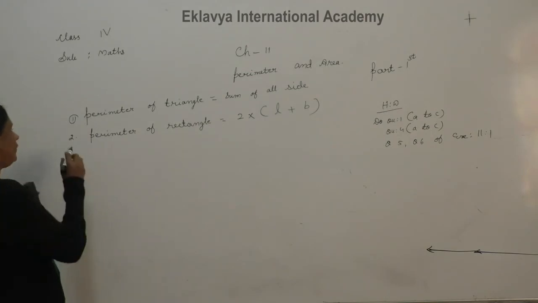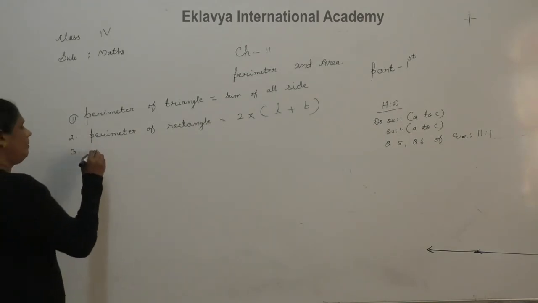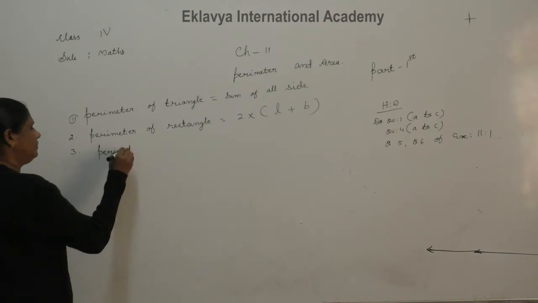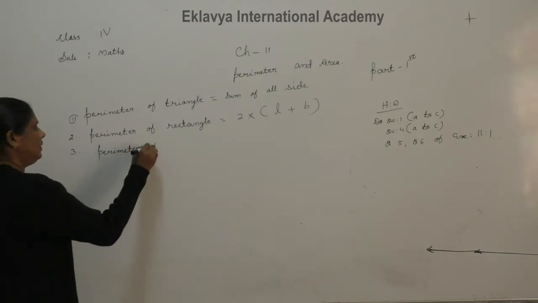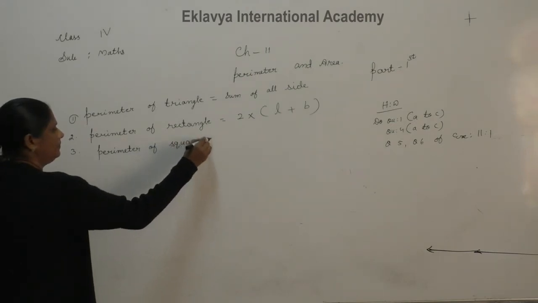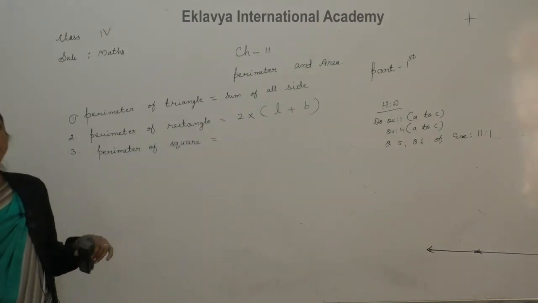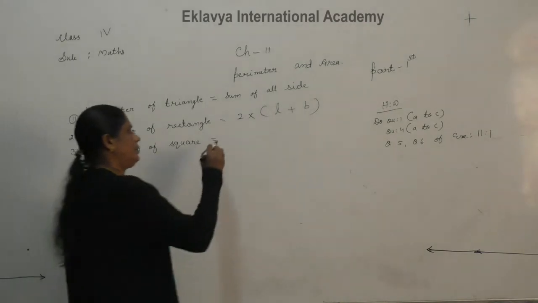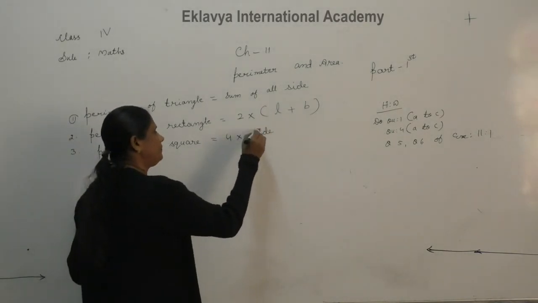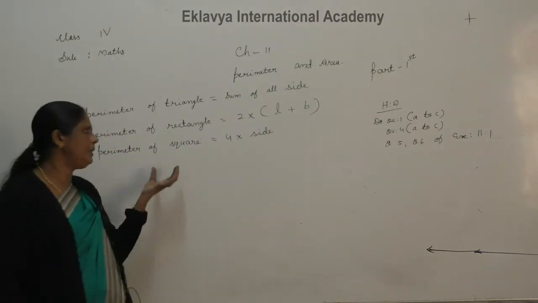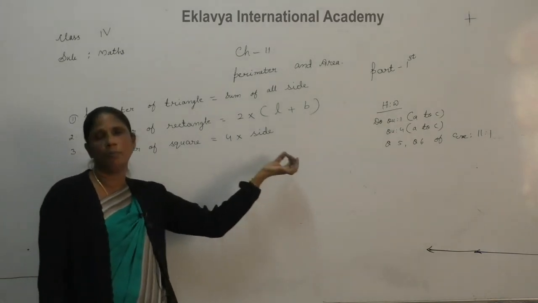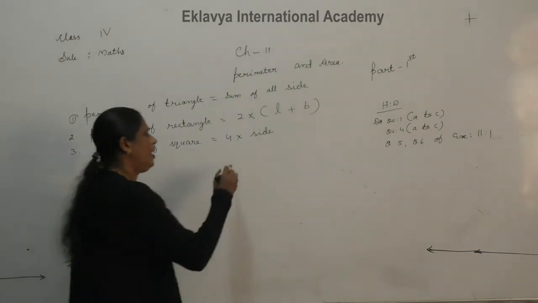Then the next formula, perimeter of square. Perimeter of square is equal to 4 multiply side. How to solve this?